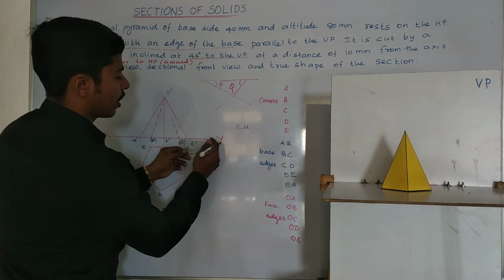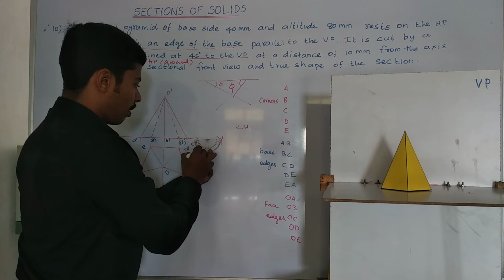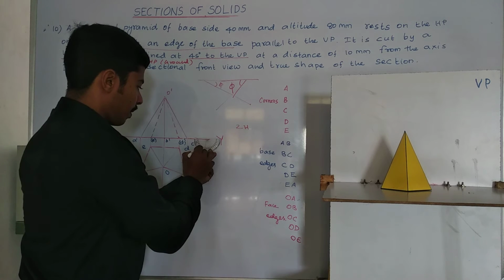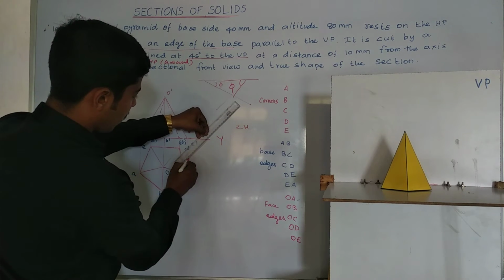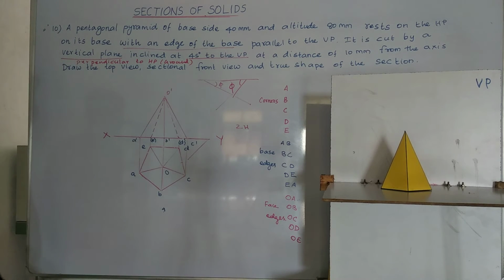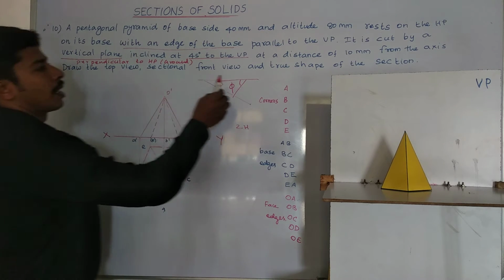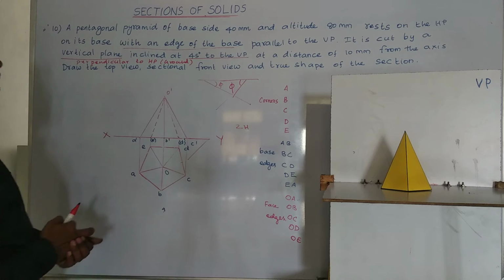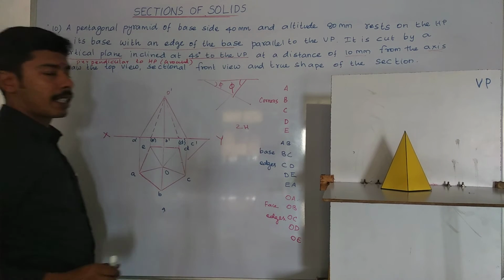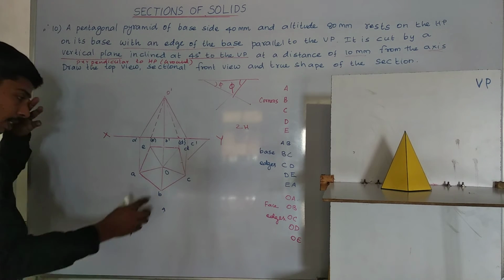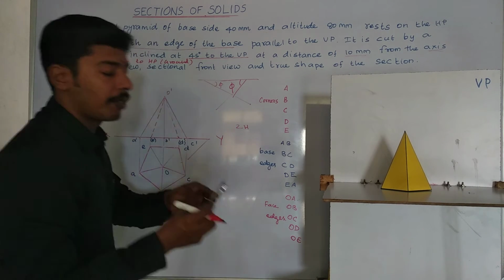From here, one point, I mark 45 degree and draw one line. It is given that the vertical plane is at a distance of 10 millimeter from the axis. In the top view the axis is this. 10 millimeter means we have to draw one circle with the radius 10.